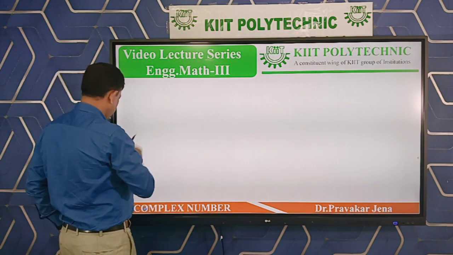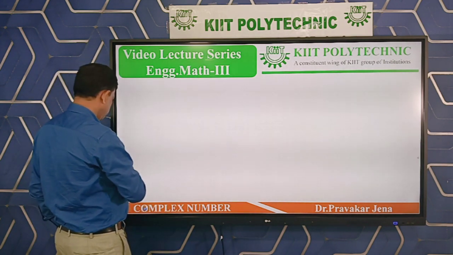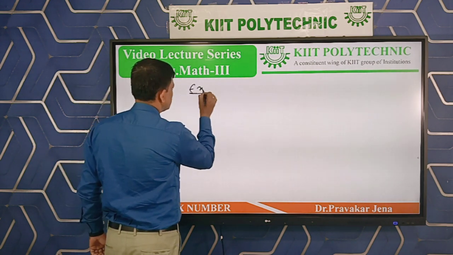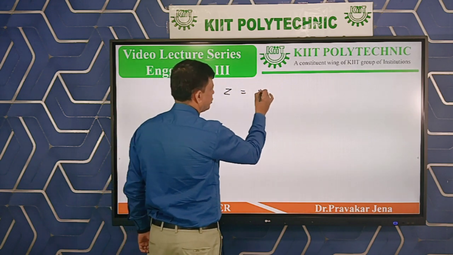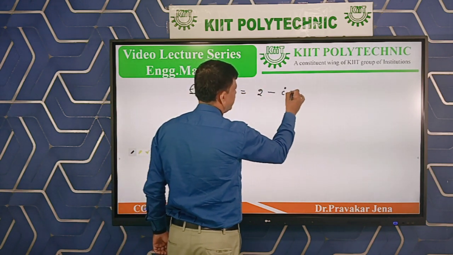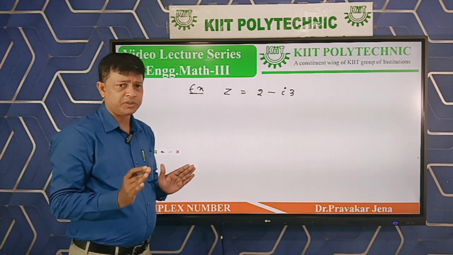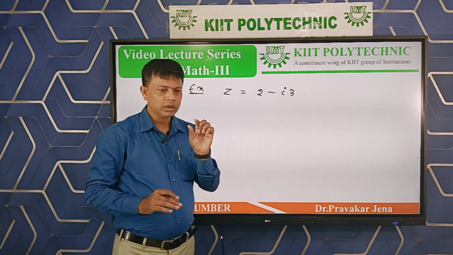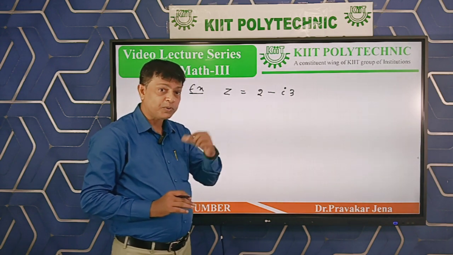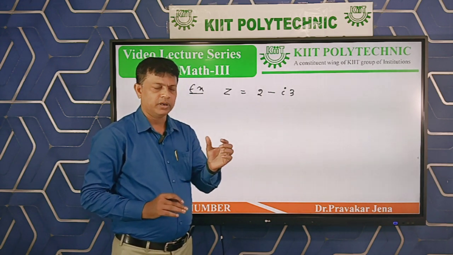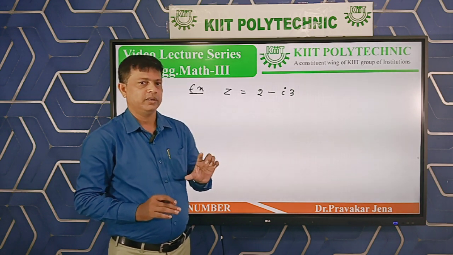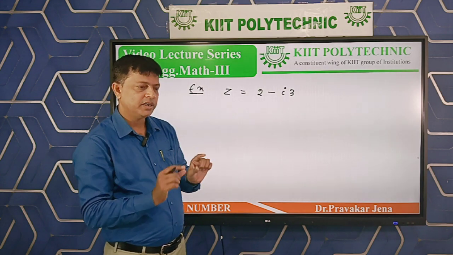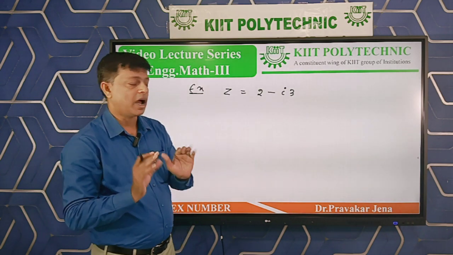Some examples here I'll take. Suppose one complex number is 2 minus i3. If the complex number is like 2 minus i3, it's very important: you have to make any complex number in the form of x plus iy. 2 minus i3 is present, but you have to transfer it into the form x plus iy. But how?